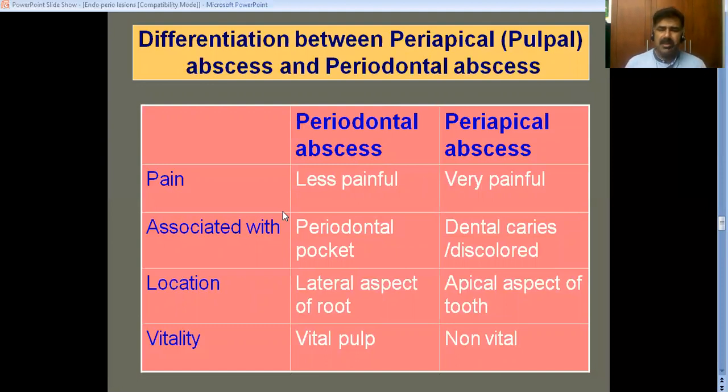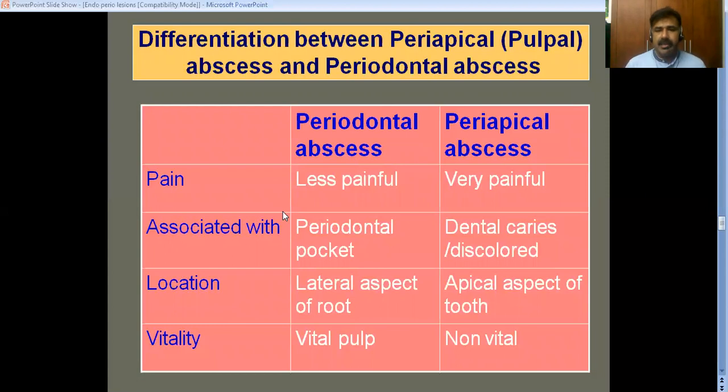In the periodontal abscess, when you look at the pain levels between these two conditions, it is less painful, and especially the patient will complain of pain when he chews. But a periapical abscess is very painful, constant, mostly at night.